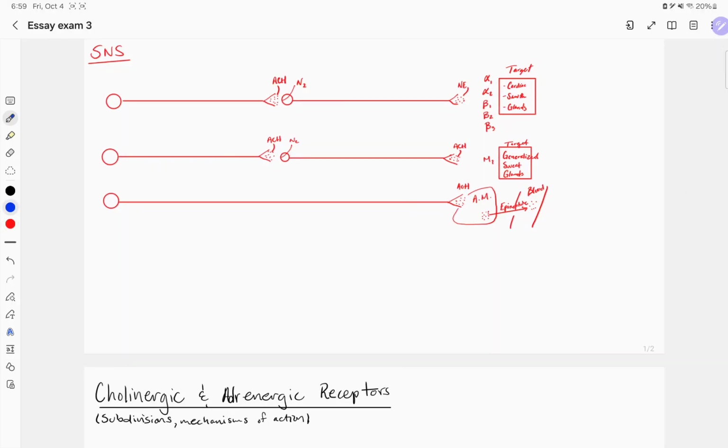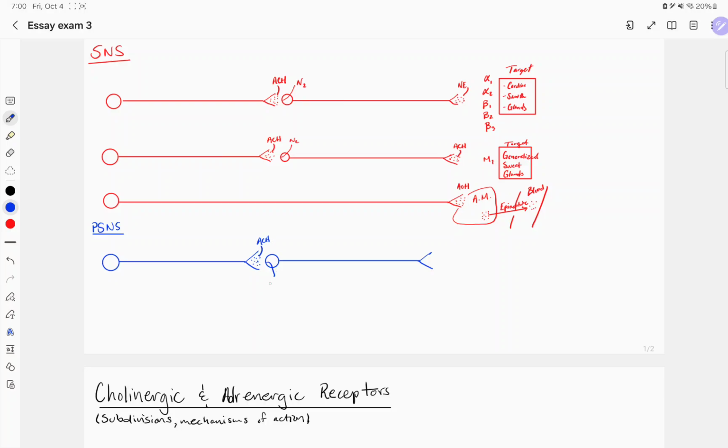Now I want to take a moment to talk a little bit about the parasympathetic nervous system. We just have one pathway here we're going to look at, with a neuron that will synapse with another neuron. Again, we have our neurotransmitter being released, acetylcholine.